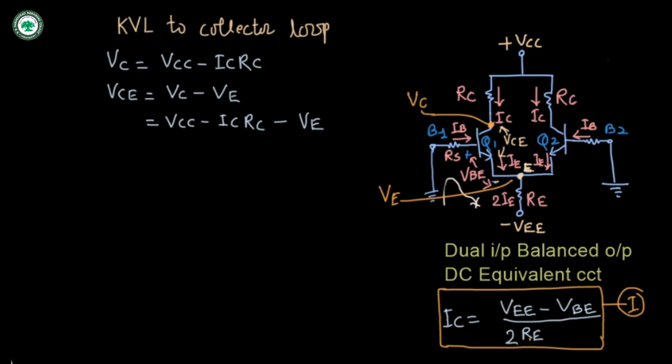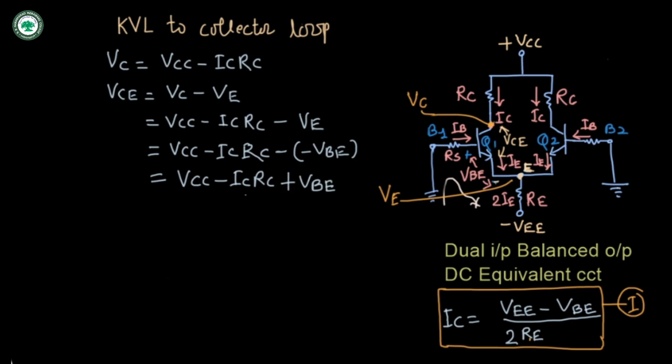So the voltage at the E point, VE, is equal to minus VB, and therefore I can write VCC minus ICRC minus, that will be plus, VBE, and this is equal to this VCE.